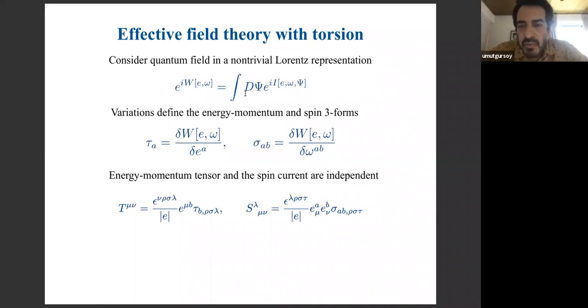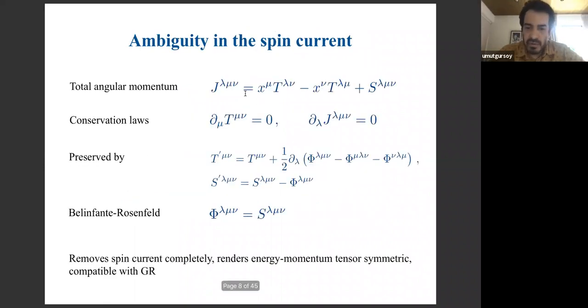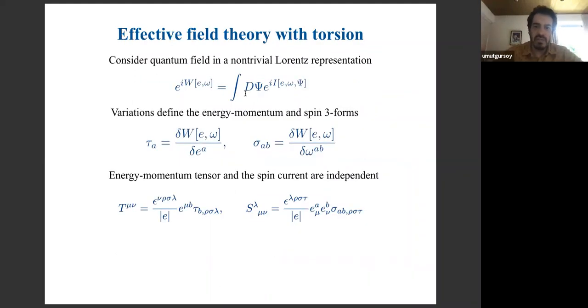To understand what's going on with this ambiguity, in a more familiar language, let's consider an effective field theory in the presence of torsion. Consider, for example, a quantum field in a non-trivial Lorentz representation with some non-trivial spin, and define the effective action by integrating out the canonical field.